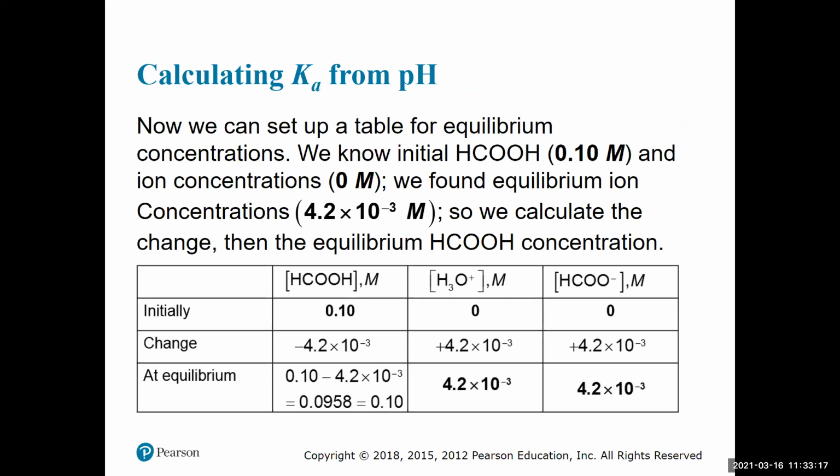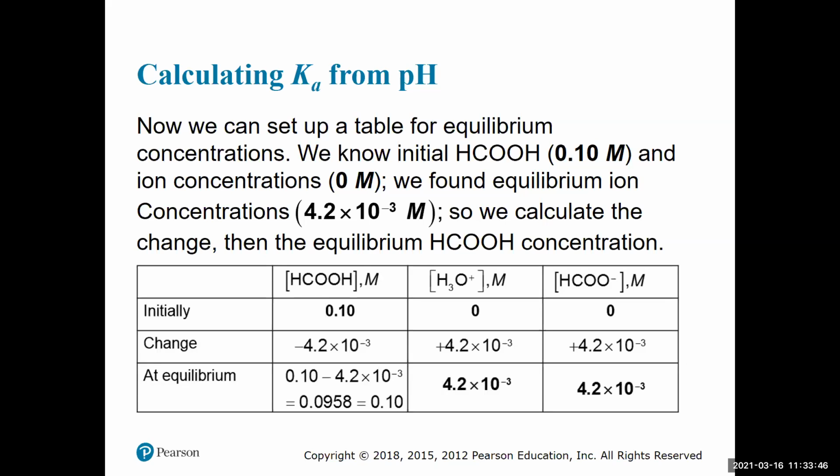Okay, so we're going to set up our table, just like we did for other equilibrium type of problems. We have our reactants and products across the top. Then on the left-hand side, we have what the concentrations were initially. So we started with 0.1 molar formic acid and nothing of the other. Then we had a change. That's that equilibrium, right?